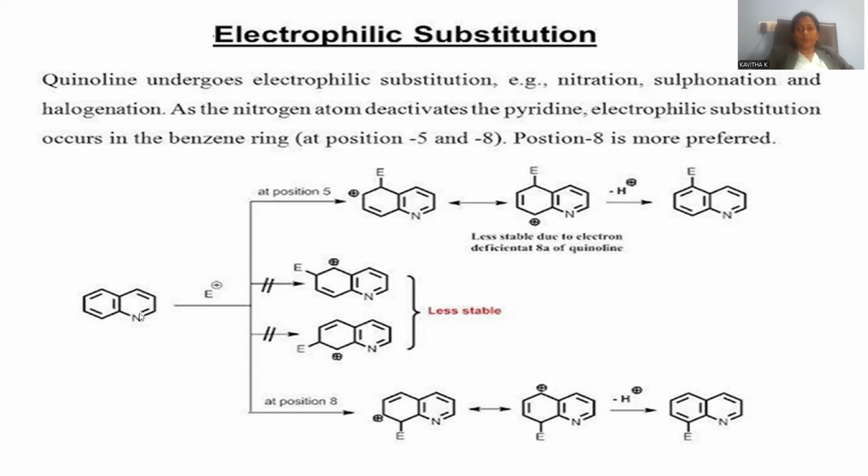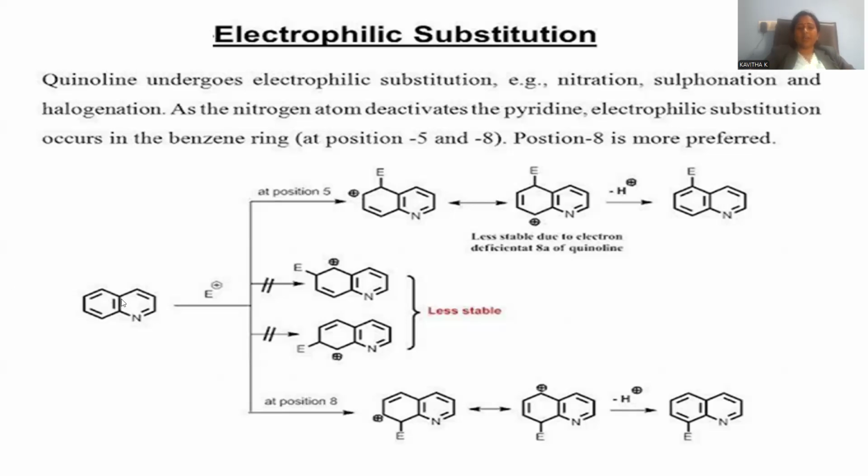Both are 6-membered ring systems with 6 pi electrons contributed by 6 atoms. But the factor deciding electrophilic substitution on the benzene rather than the pyridine ring is the electronegativity of the nitrogen. The electronegativity of the nitrogen reduces the electron density to a certain extent in comparison to the benzene ring.